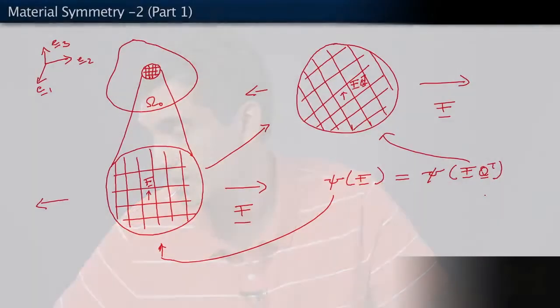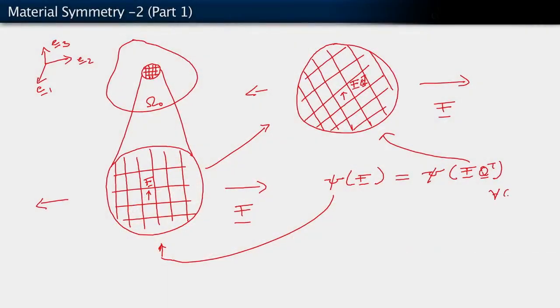Now, this is saying something special about the function psi, because this has to hold for all Q. In particular, we're saying that psi, the function, is invariant to Q. And because psi is the only thing we have to represent the mechanical response of the material, the mechanical response is indeed isotropic.